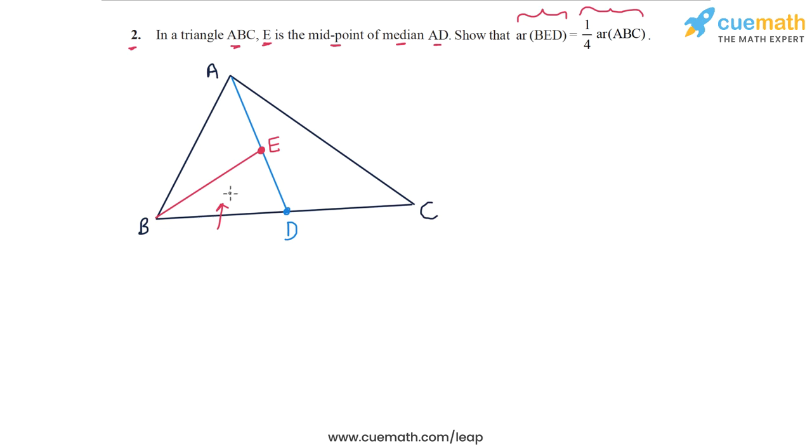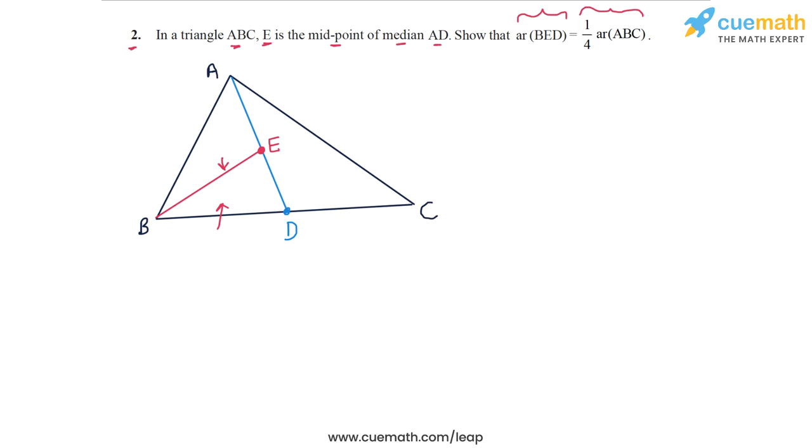So I'll first explain the reasoning that we will use to solve this problem, and then we will write out the proof step by step. So first, think of this segment BE. This segment is the median for triangle ABD because E is the midpoint of AD. And we know that a median of a triangle divides it into two triangular parts of equal areas.